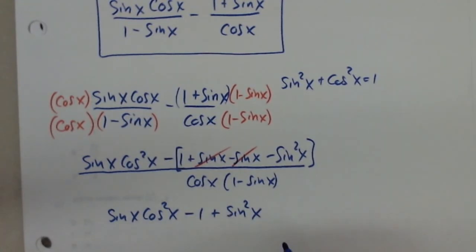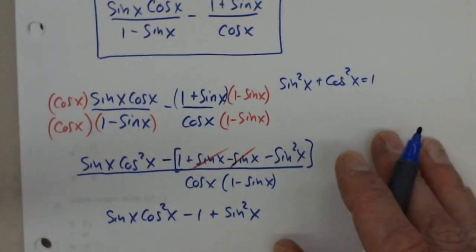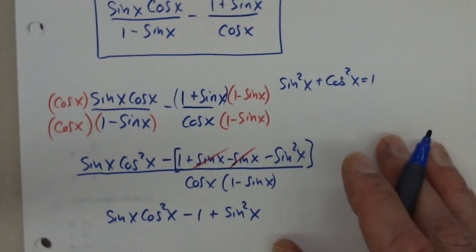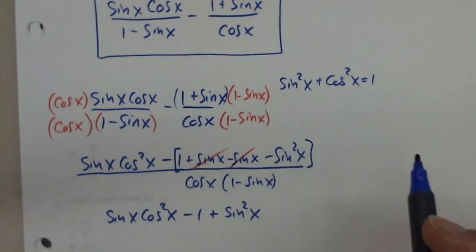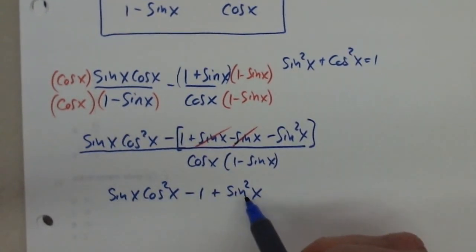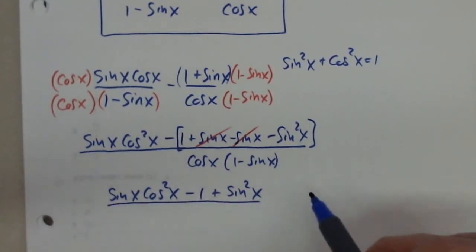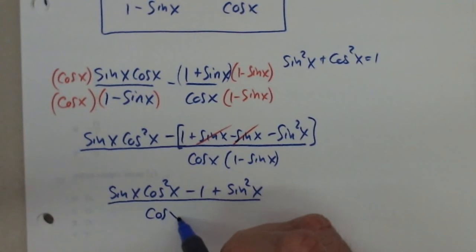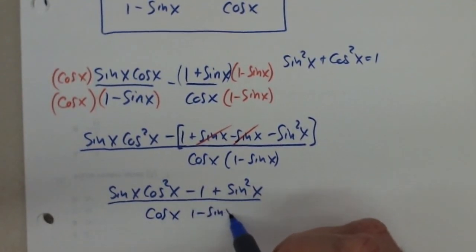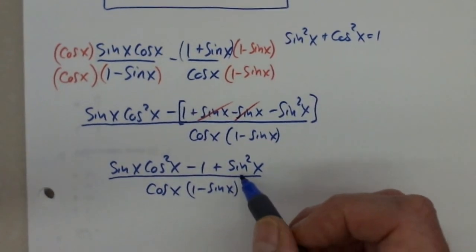Let's do this. When I'm looking at this, there's nothing I can do because of that 1. So this is what happens when you are working with trig identities. Sometimes you take a step that you need to change.